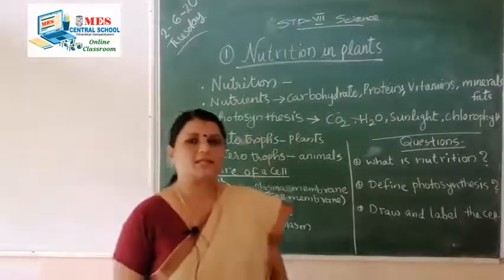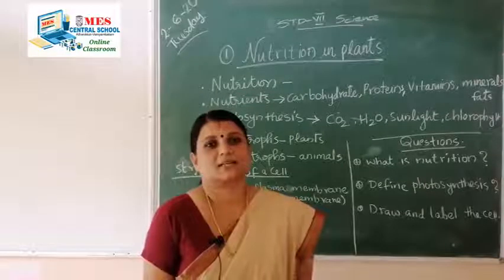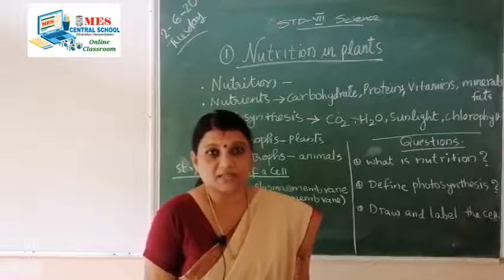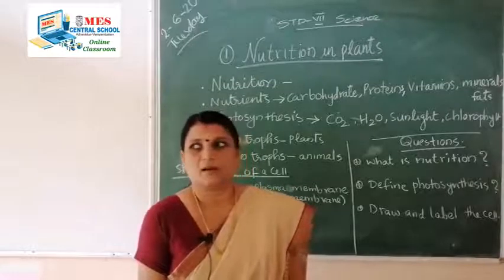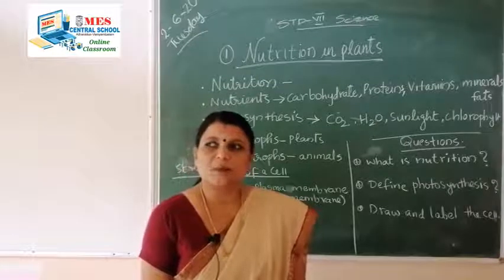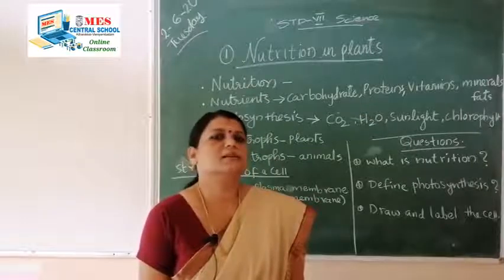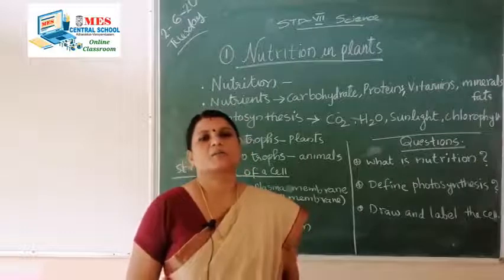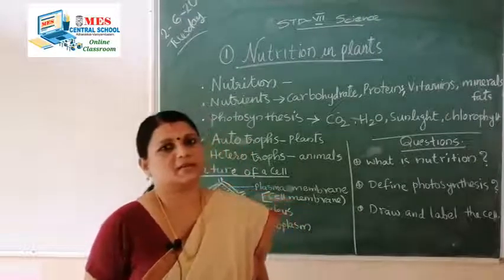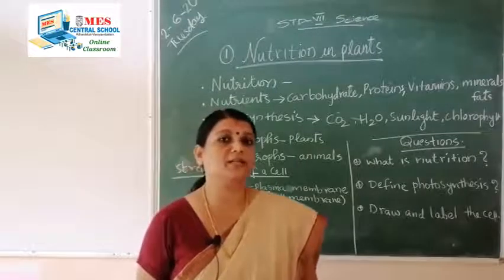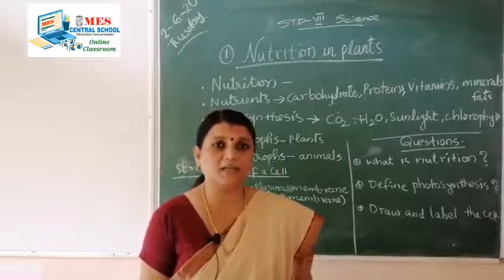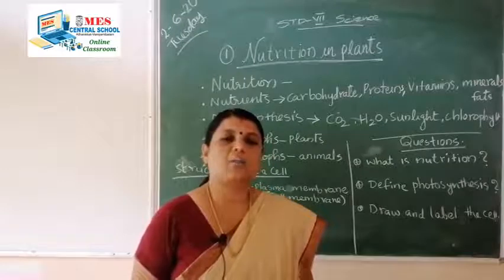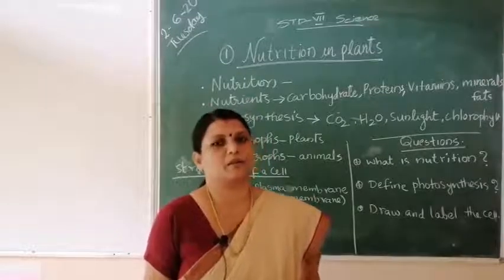And next one is photosynthesis. That is a simple thing, and that word is familiar with us. Photosynthesis means plants are making food materials with the help of sunlight, water, carbon dioxide and chlorophyll.